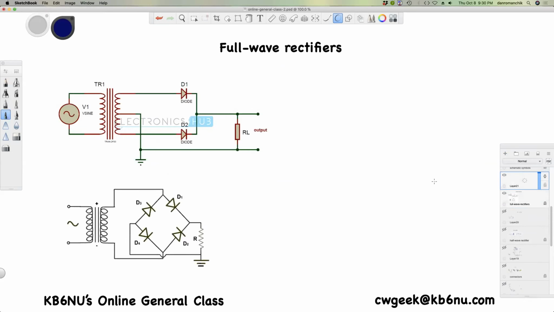There's two types of full wave rectifiers. This is one using two diodes, and this one is sometimes called the bridge rectifier. Now, what's the difference?